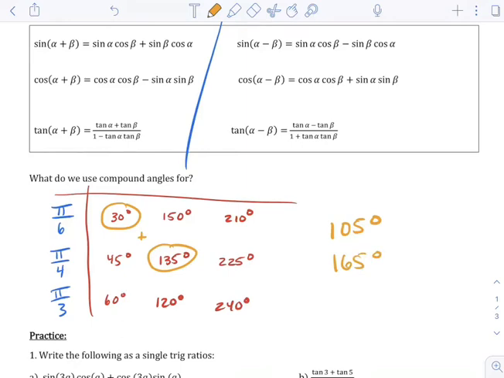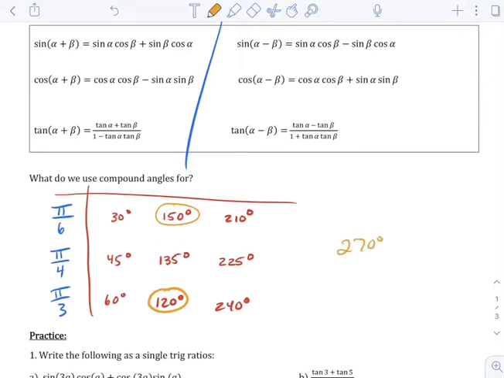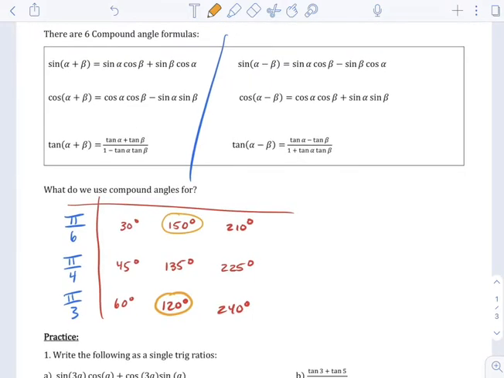I can do that. And that can be done with any of these angles that we have. If I want to find out the exact value of adding, let's say these two together, 270 degrees, for example, I could find out the exact value of some of those using the formulas that we have up top, where A would be one angle and B would be the other.